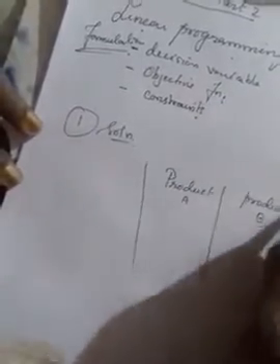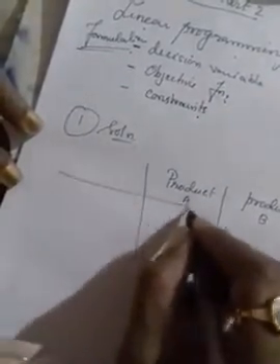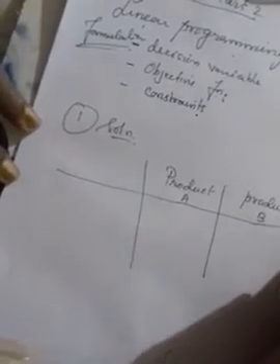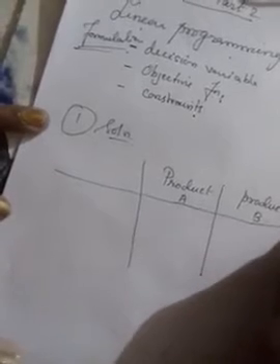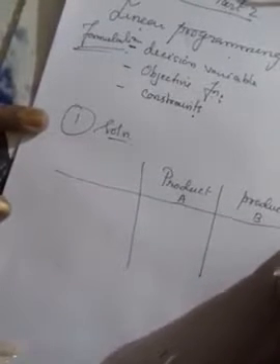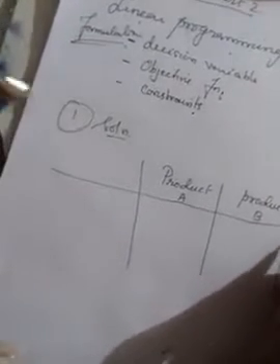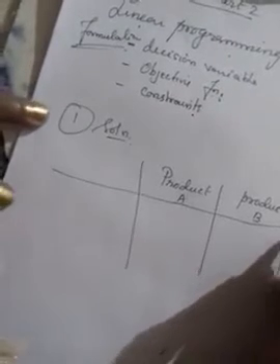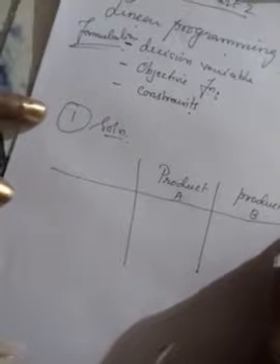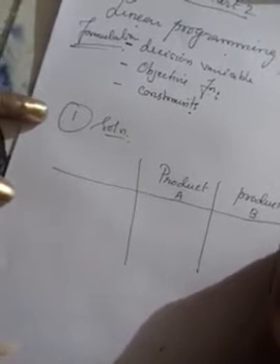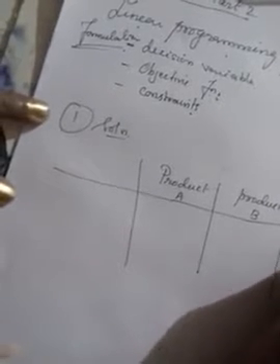So we are going to write it in a table format. Then we are going to formulate it as an LPP. Here the word given is maximum, because profit is given, no? So we are going to maximize the profit. So here maximum available resources. So I am going to take the maximum available resources.